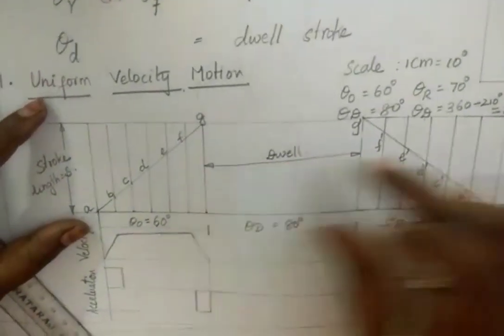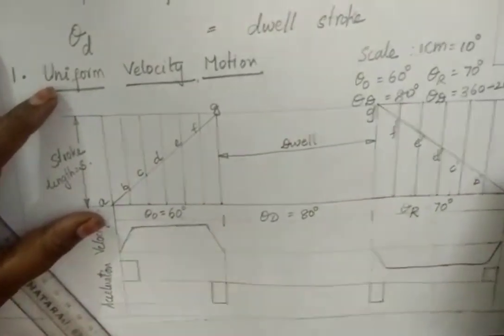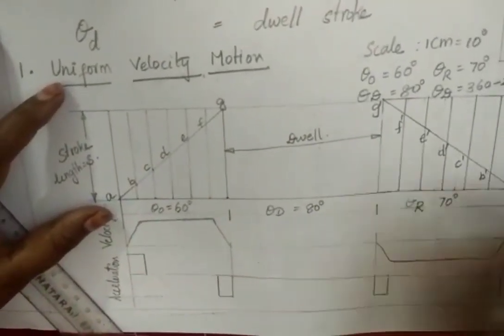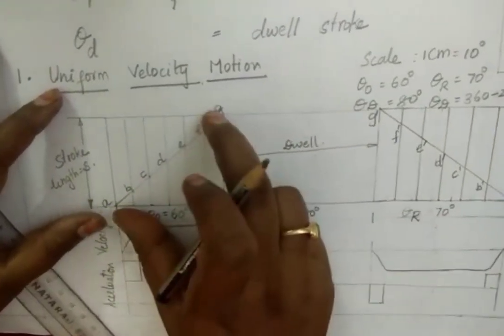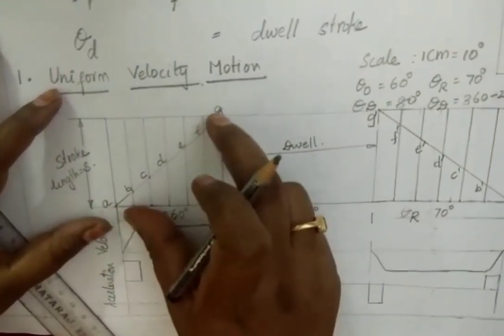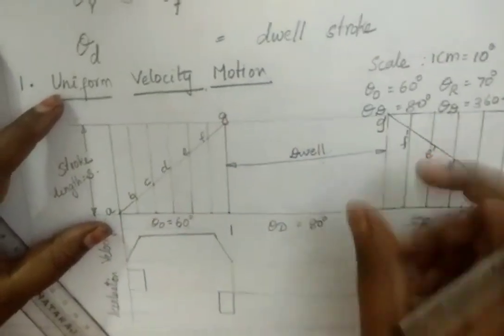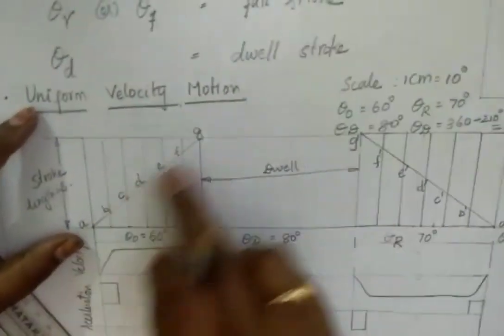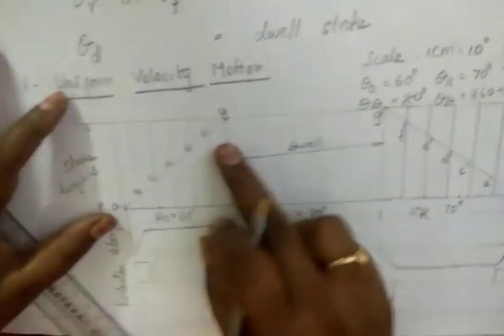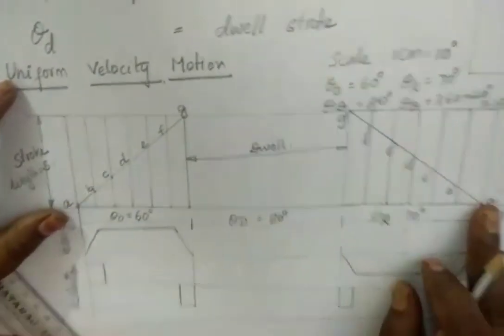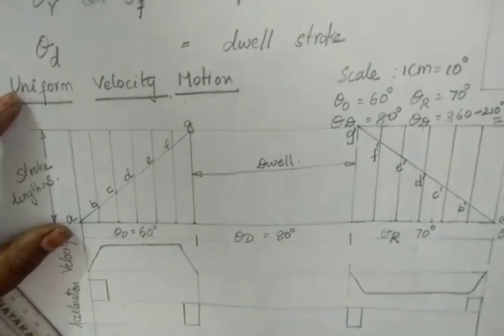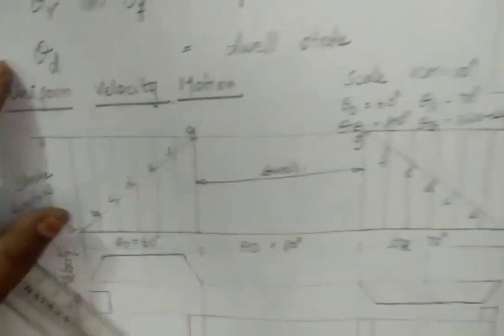With the help of this diagram you have to construct your cam profile. These A, B, C, D, total 6 points, are the relative points of the cam motion. That means to construct the cam you have to use these reference points on this particular profile. In the same way, for the return stroke, you have to use the points from G dash to A dash in the construction of the profile.